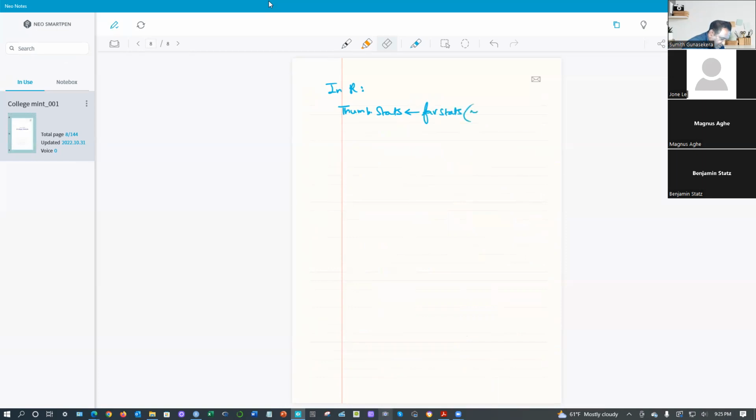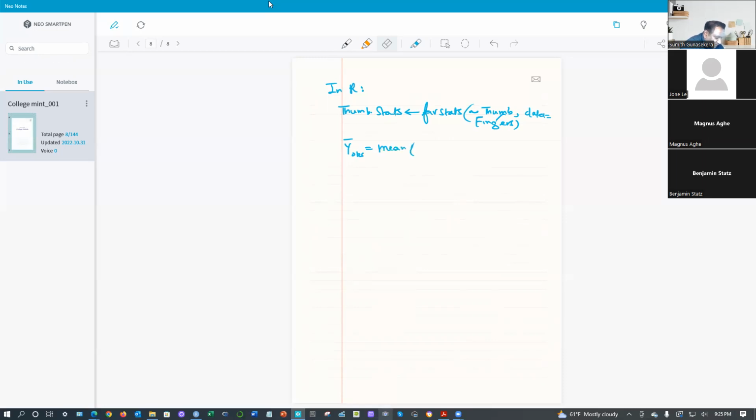You go to thumb, tilde, thumb, data, fingers. Then how do you get your Y bar obs? You go to the mean, go to the thumb length and ask for the mean.